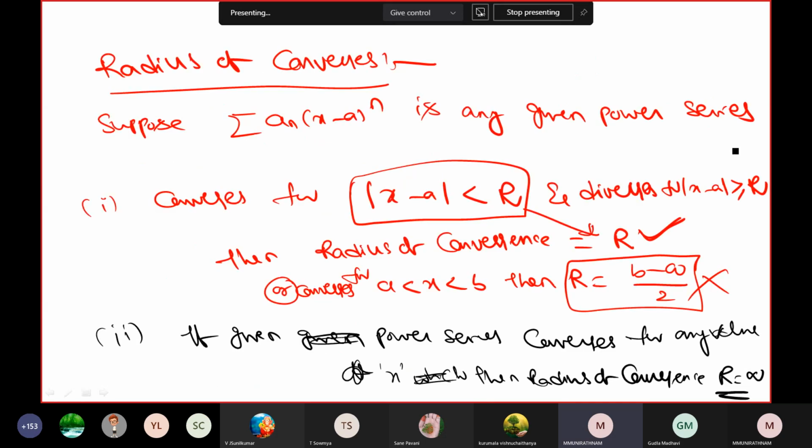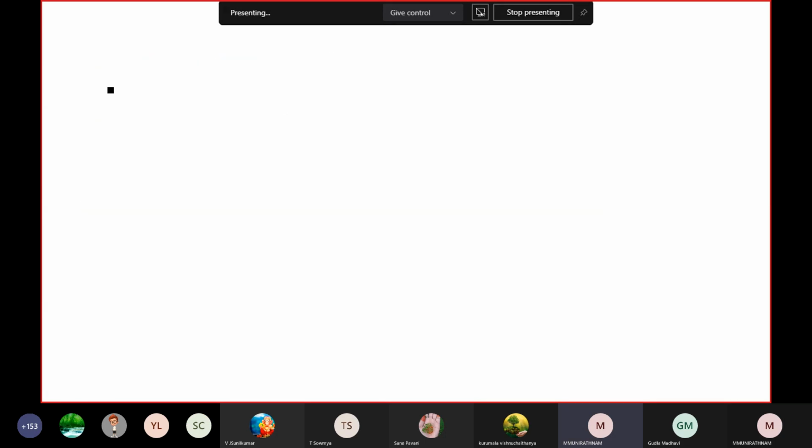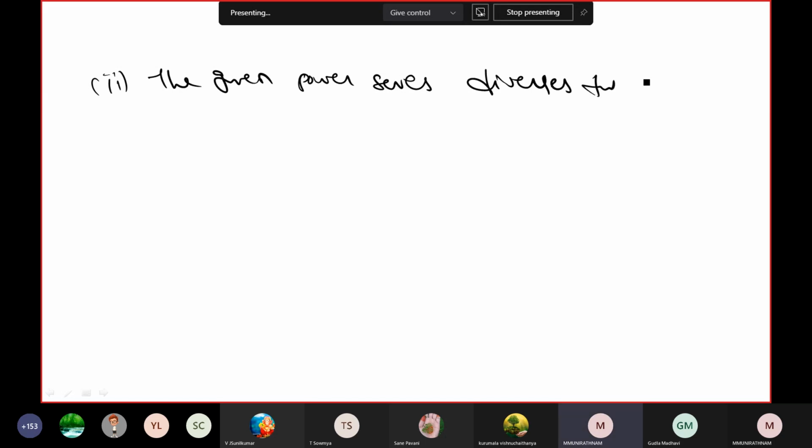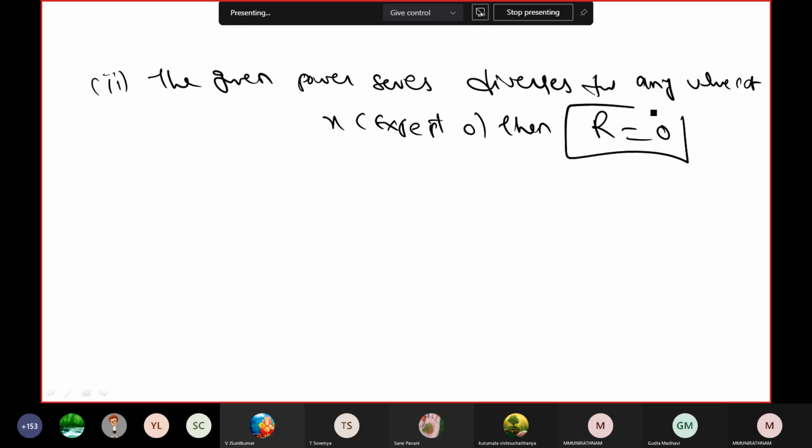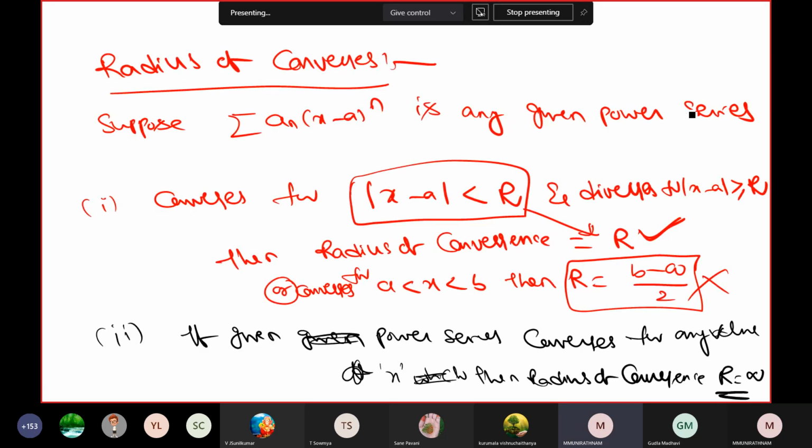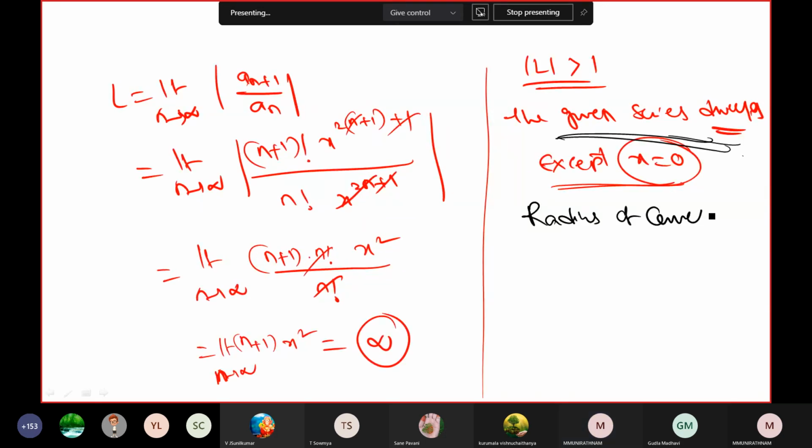So there is no radius of convergence as such. So if the given power series diverges for any value of x except 0, then r equals 0. So when it diverges for any value of x except 0, the radius of convergence r equals 0.